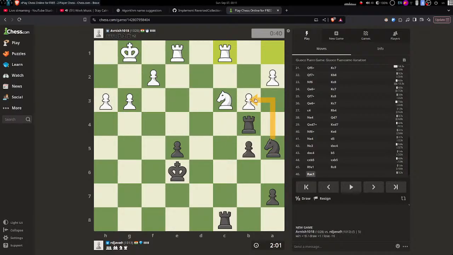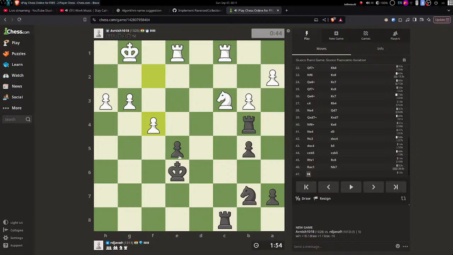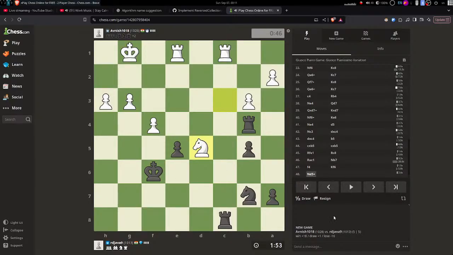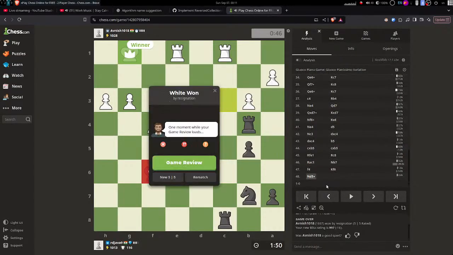Can I do this? Then he takes, then this, but he can just move away, right? But that is not... no way. Yeah, he's killing. Wow, that's a reasonable position. Wow, what a bad game from my side.